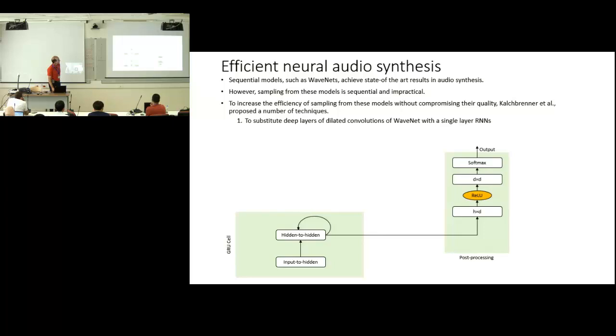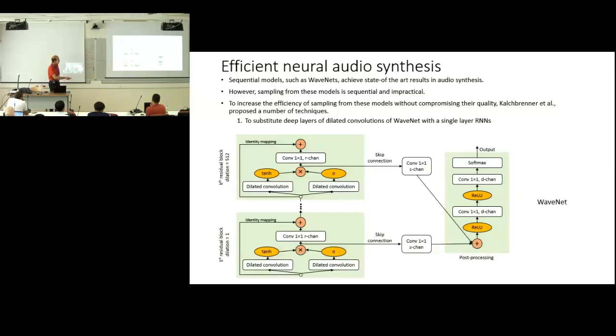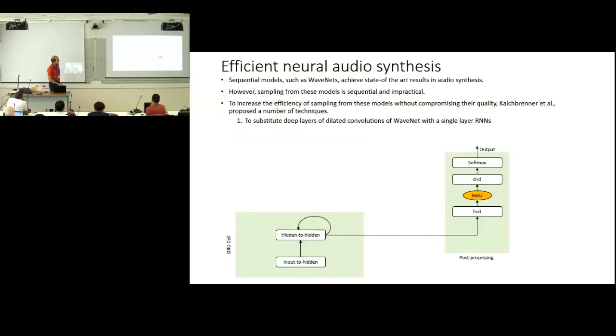So the idea is to substitute all those things with only this thing here. This is a recurrent neural network substituting the layers of convolutional neural networks.